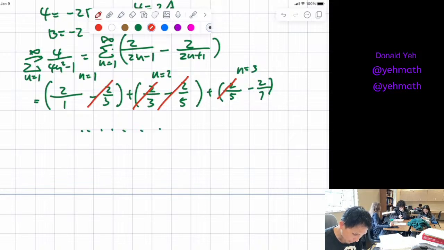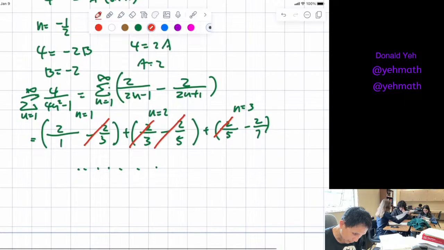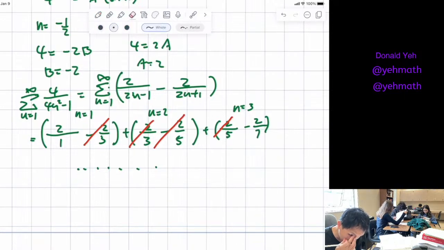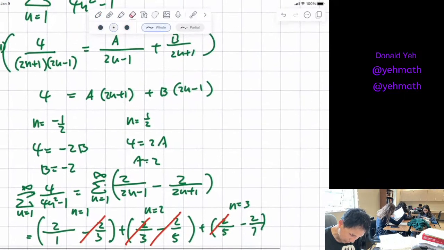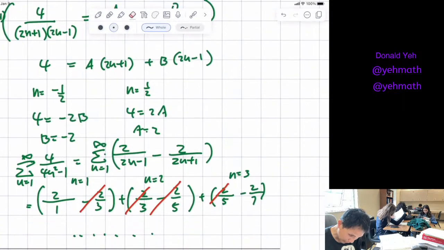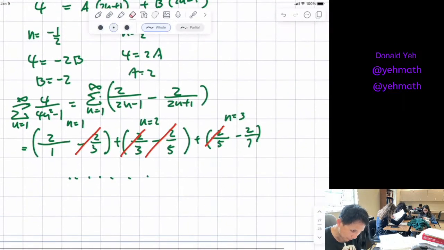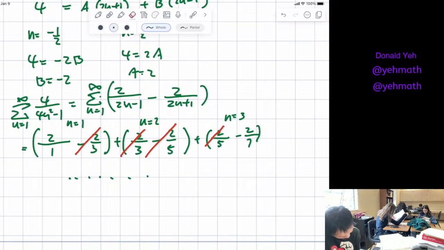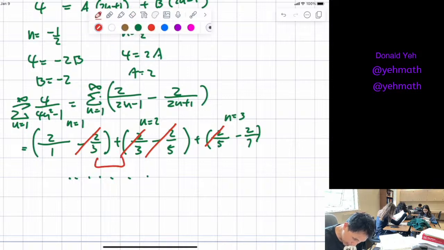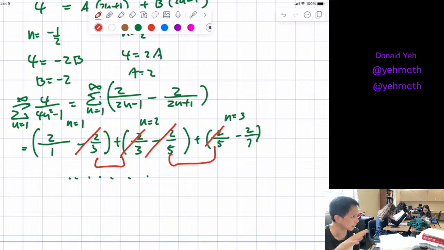Yeah, negative 2, because b is negative 2. So you see that this is going to cancel out with this, and this cancels out with this. You see the way it cancels is kind of different in order from last time.